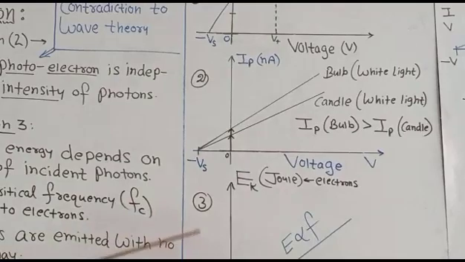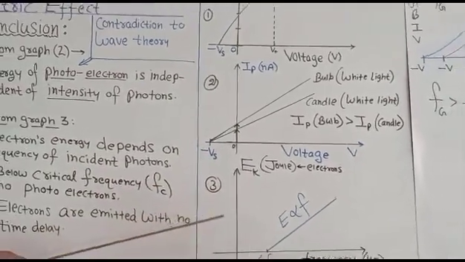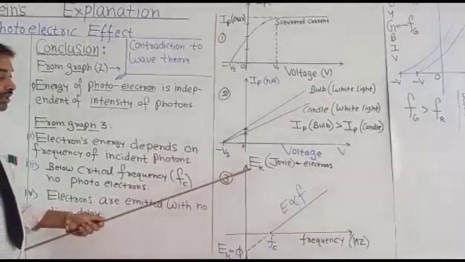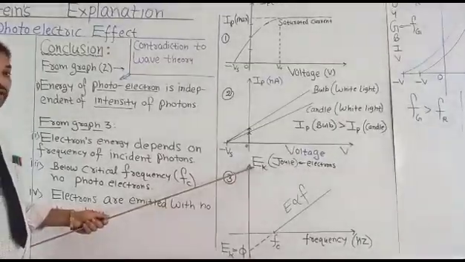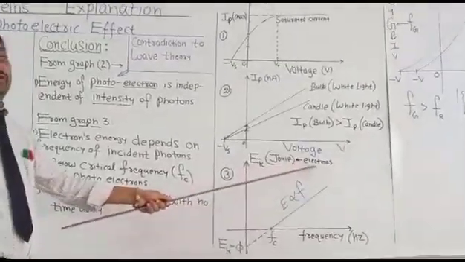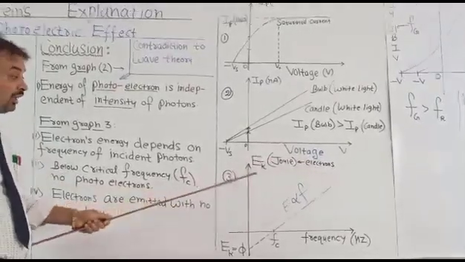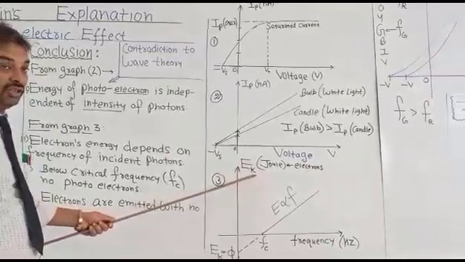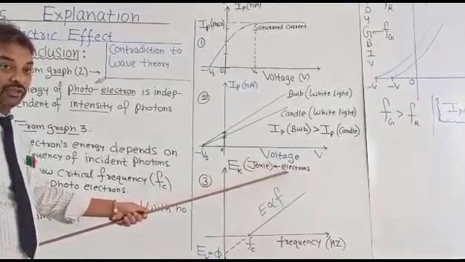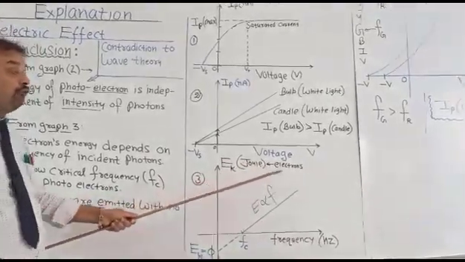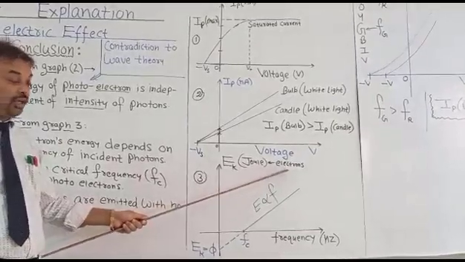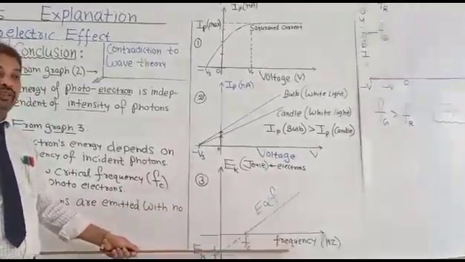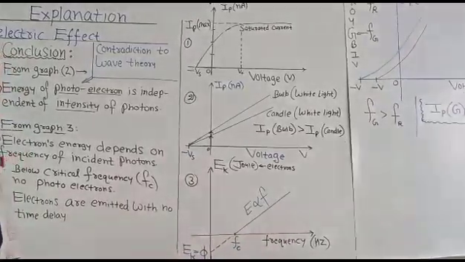Now graph 3 is very important for us. Graph 3 is a graph between the kinetic energy of the emitted electrons. It's not the kinetic energy of the photons. It's the kinetic energy of emitted electrons, or the kinetic energy of the photoelectrons, versus the frequency of incident photons.